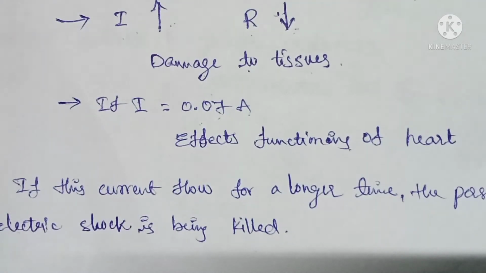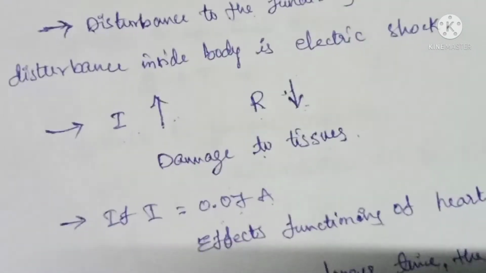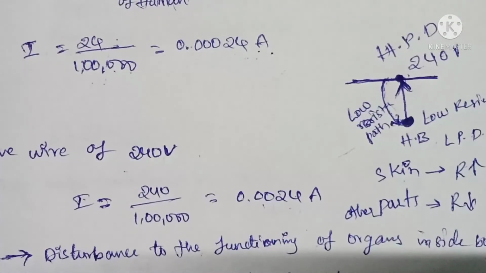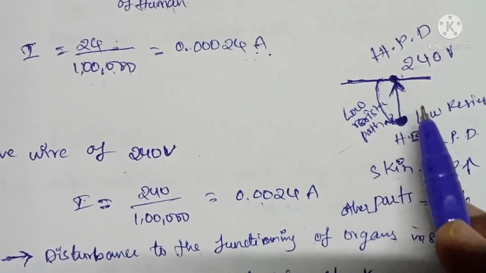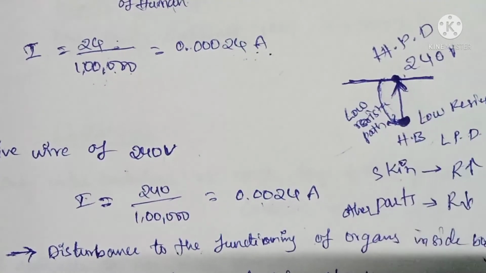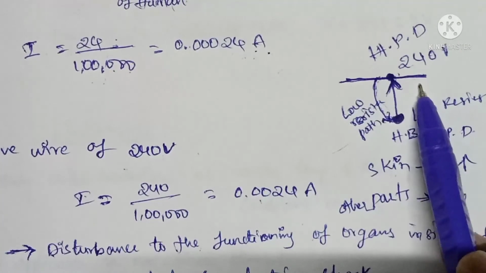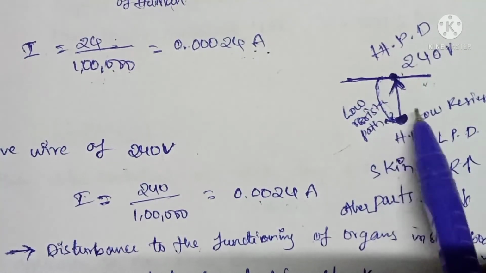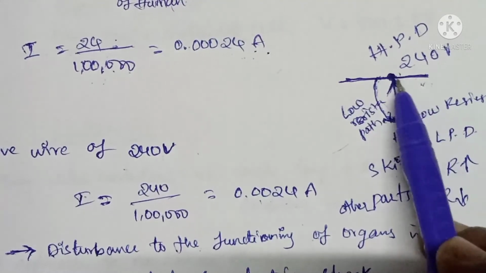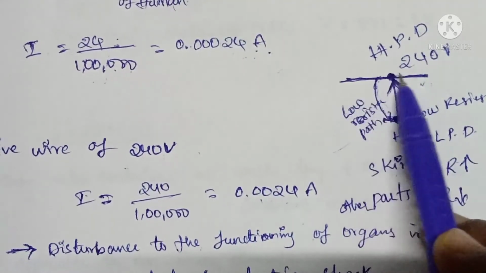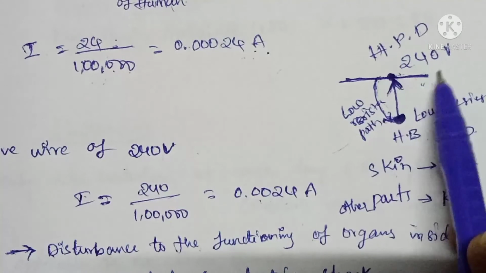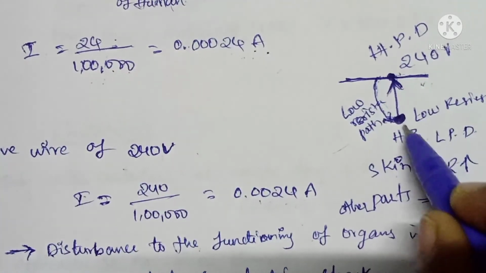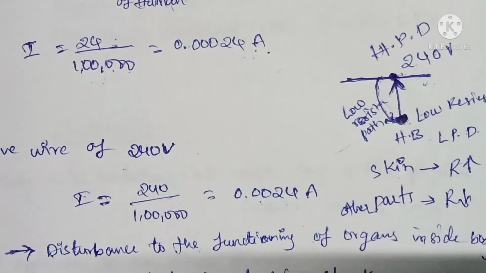How does it happen? Because of the potential difference between two points. When we touch a live wire of 240 volts, this is our human body and this is the 240 volt live wire, and we are standing on earth.